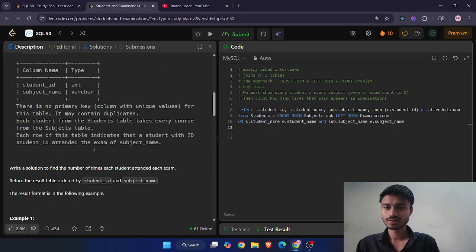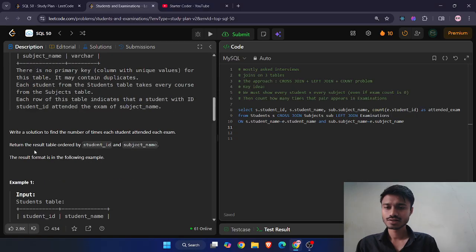I think here they have written something: return the result table ordered by student id and subject name. But before that, to support the count function, which is the aggregate, we need to group by the pair. And what does the pair consist of?